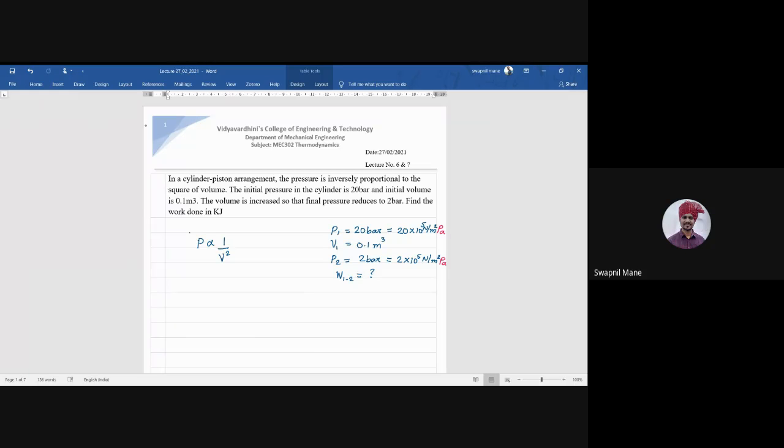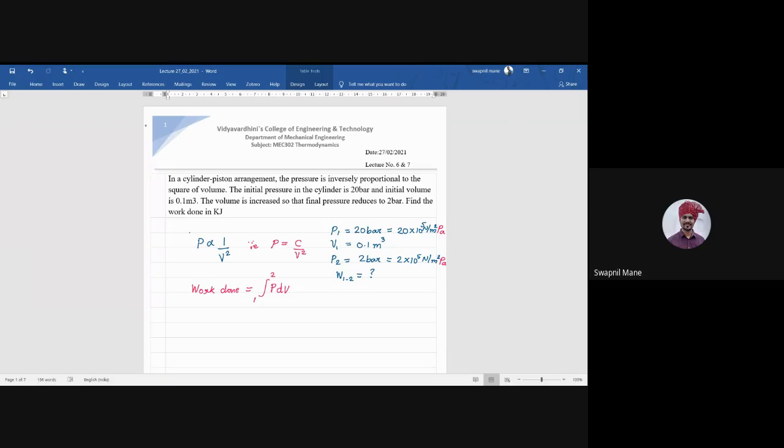P is inversely proportional to 1 by V square, and what is the work done given by? Can anybody tell me the expression for work done? If it is P into dV work, then work done is equal to integral of 1 to 2 P dV. Yes or no? Yes, sir. Right. So P is proportional to 1 by V square, so can I write P is equal to some constant upon V square?